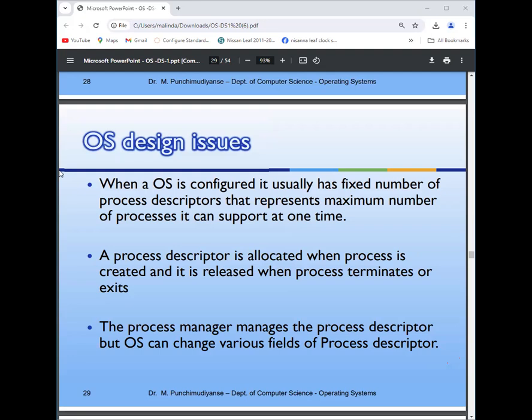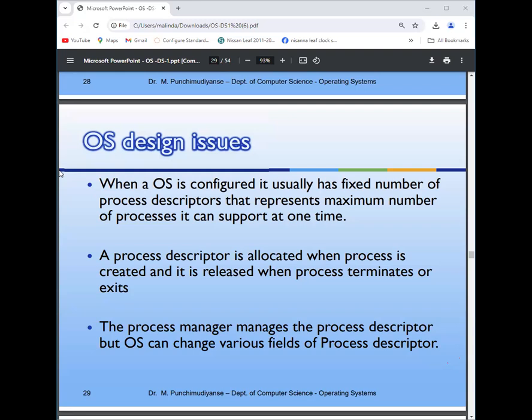The number of processes which can be stored and running at a time is generally a large number for a modern operating system. However, there is a limit.